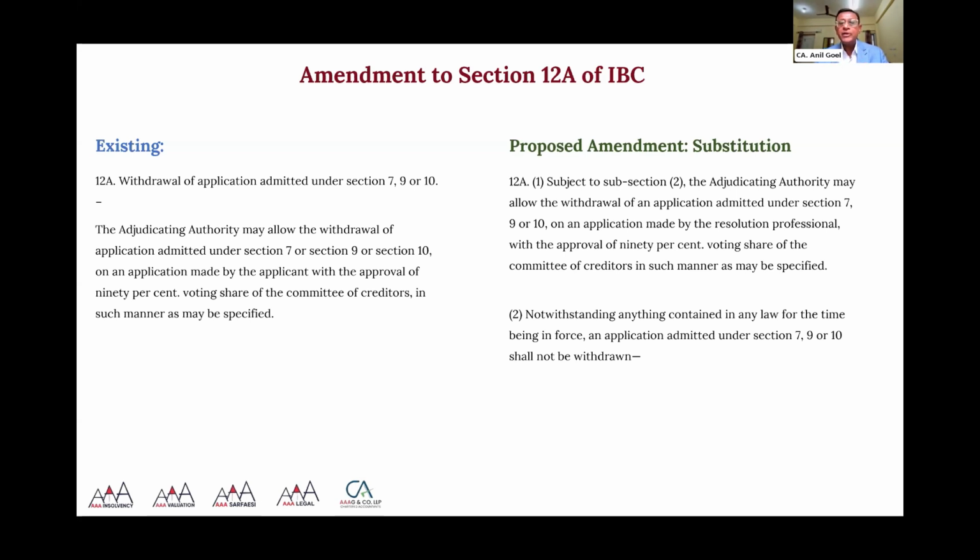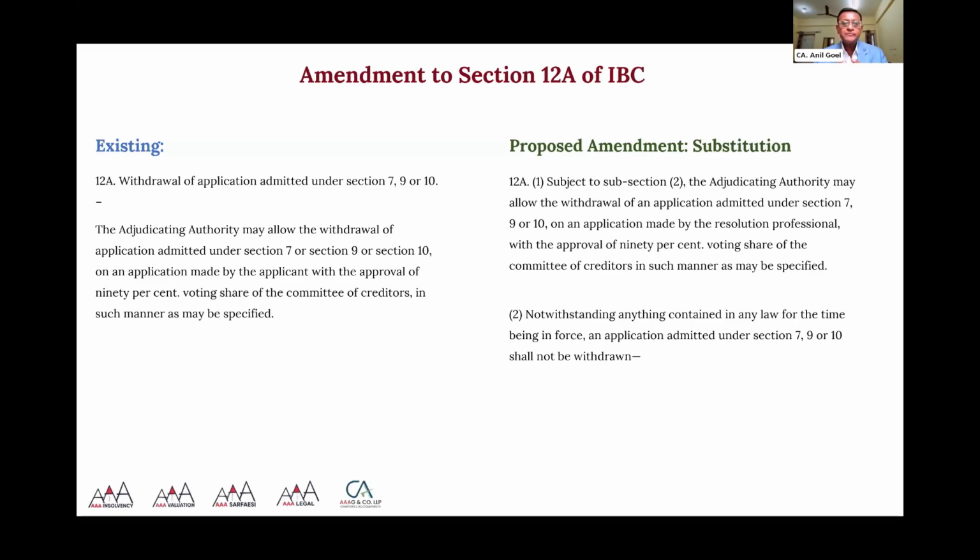However, the proposed amendment has changed the words "by the applicant" to "the resolution professional". Now, the application under section 12A can only be submitted by the resolution professional and not by the applicant.